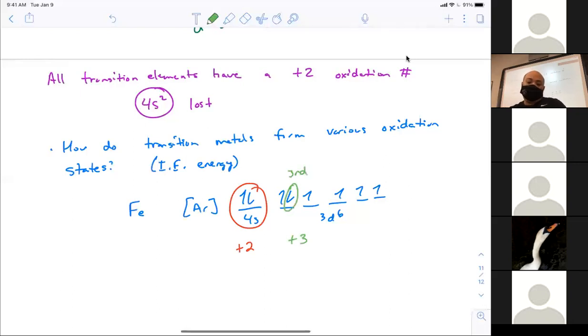It then has a half-filled sublevel, which allows iron to have that oxidation state. So losing electrons in a certain order allows it to do that. The 4s is lost by default, but then you can look at how you would lose 3d electrons to see where the possible oxidation numbers might occur.